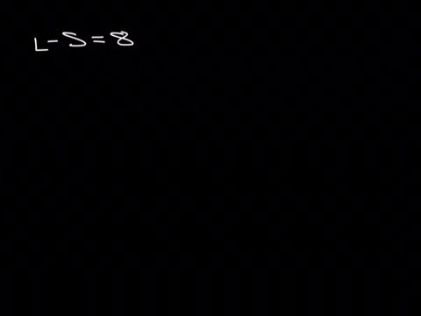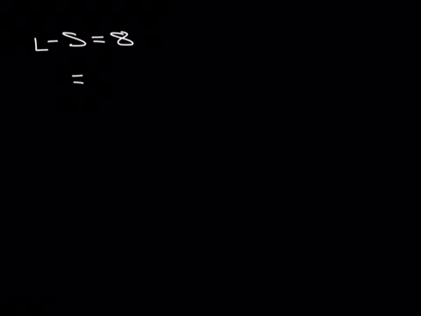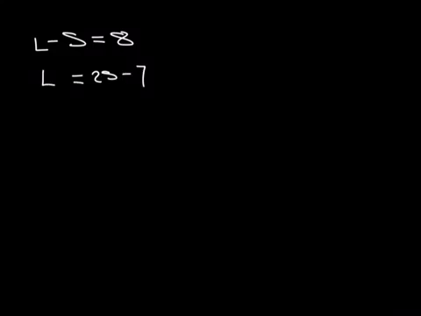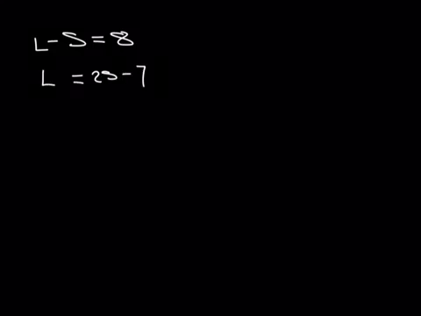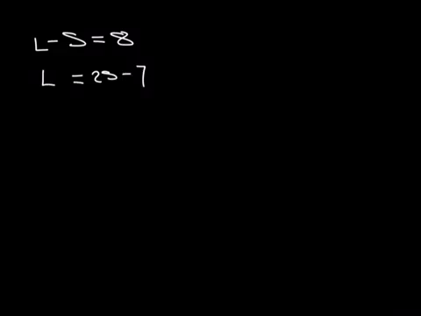The larger number is twice the smaller decreased by 7. So there are your two equations, and now you use either substitution or elimination to find the larger number and the smaller number.